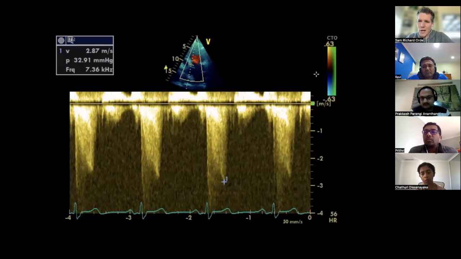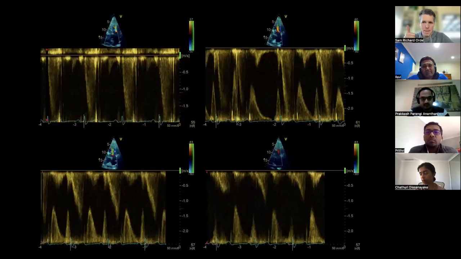And so how do you determine the site of the obstruction from here? So we go to pulse wave Doppler, look at the pulse wave Doppler from the LVOT and gradually move upwards. Beautiful. So the first one on the left top is at the LVOT, where you're getting aliasing and there is flow acceleration. We are further going up in sequence, and there is still aliasing there as well.